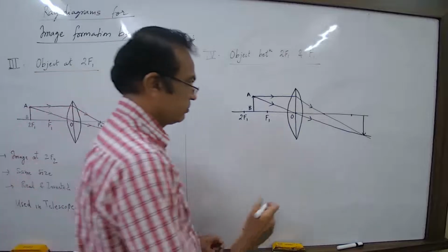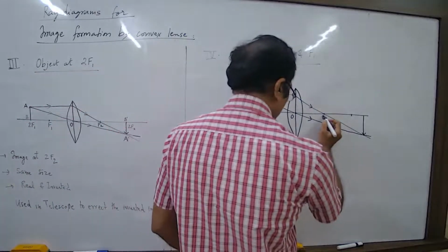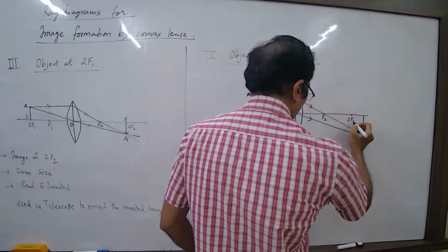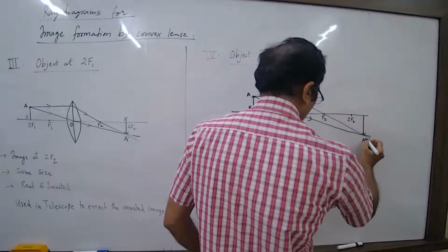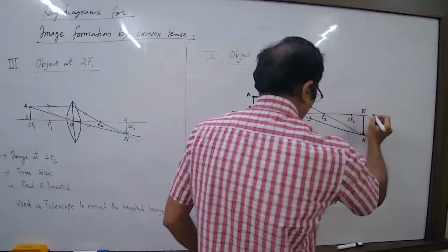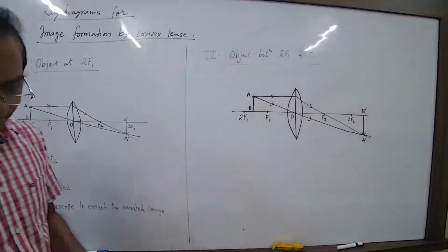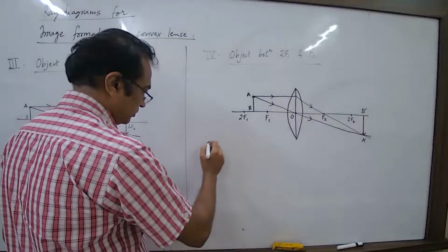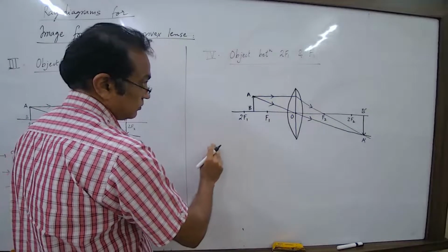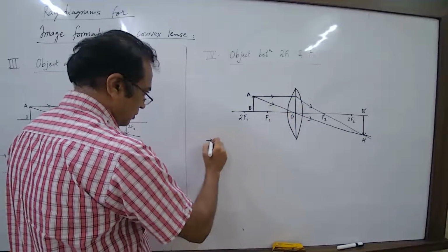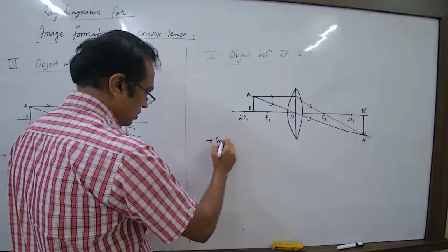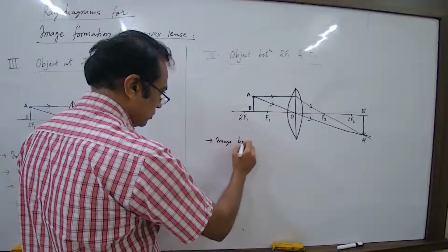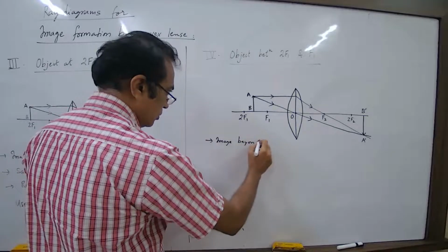So what is the nature of image? Real and inverted. Yeah, so image beyond 2F2.